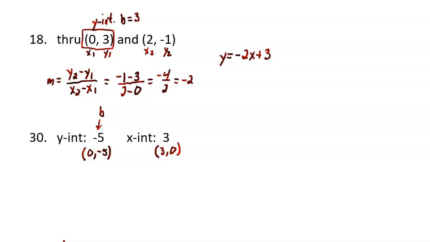We don't know the m. So let's find m, the slope. How are the y-coordinates changing? From negative 5 to 0, it has increased by 5. How did the x-coordinates change? From 0 to 3. It increased by 3. The slope is 5/3. So the equation is y equals 5/3 x minus 5.